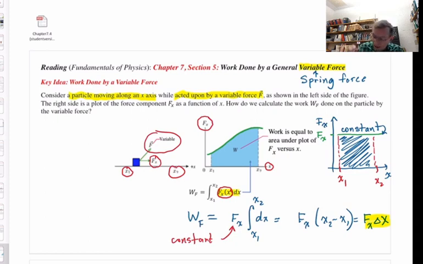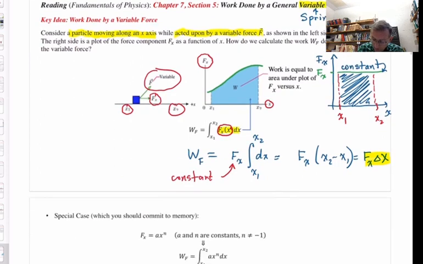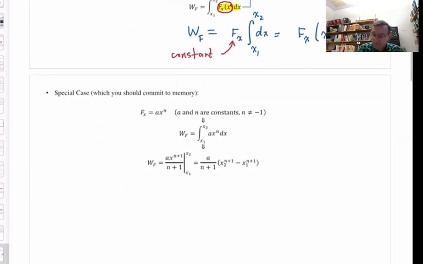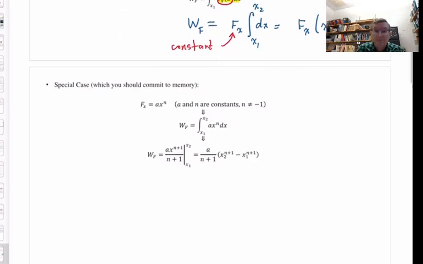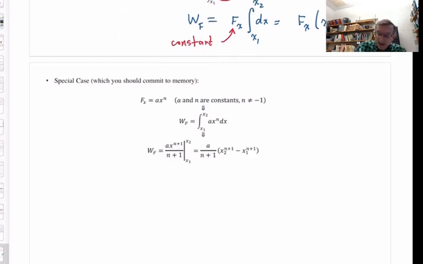All right, now let me show you a special case that you just want to know, bottom line. What if the x force we're talking about has this special form? It's merely a polynomial function of x.